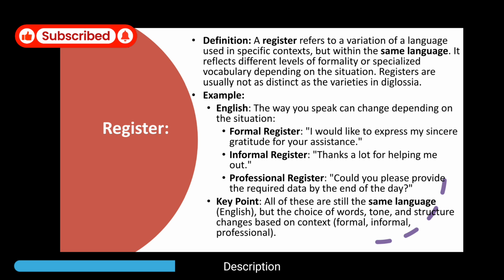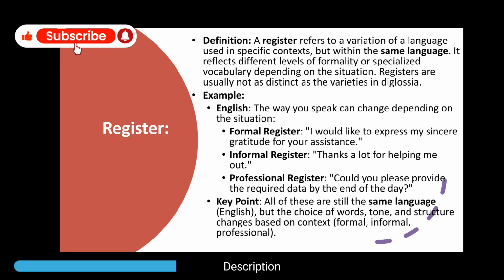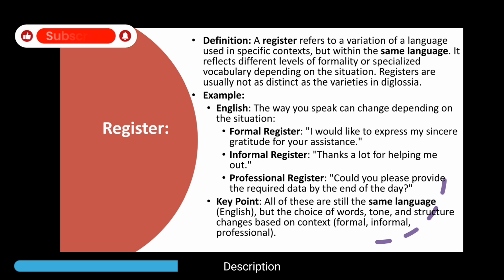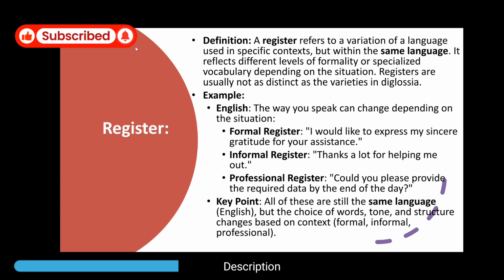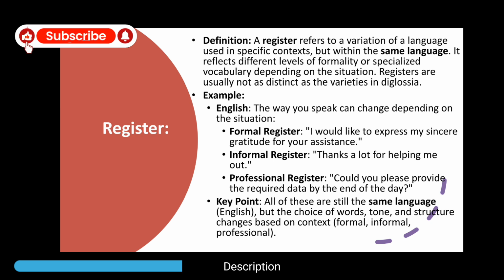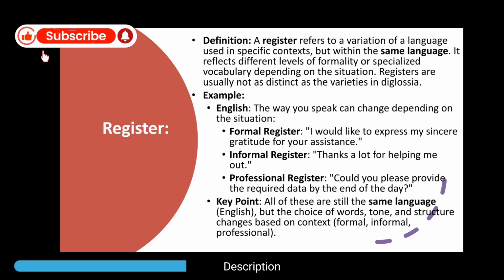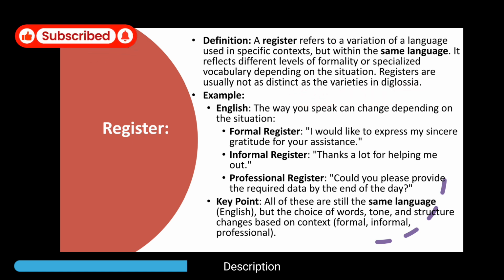As we learned on the previous slide, in diglossia the two varieties are quite different from each other, and sometimes it seems as if a person is speaking two different languages. But these differences we do not find when we talk about register.